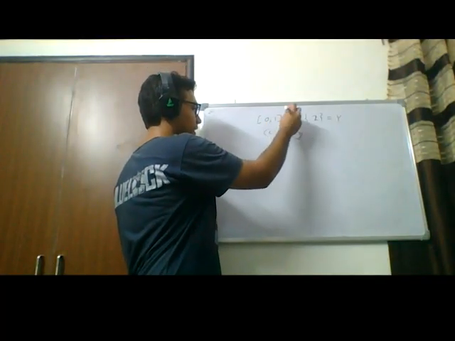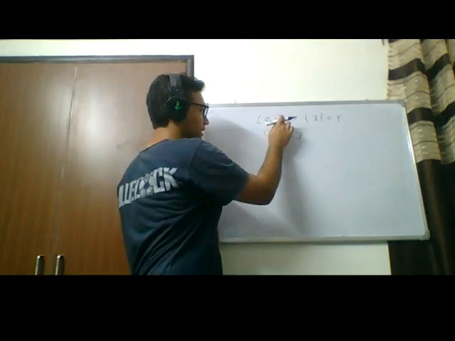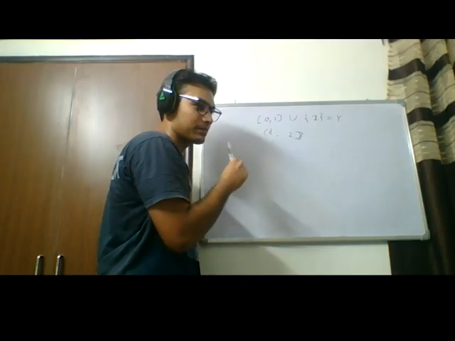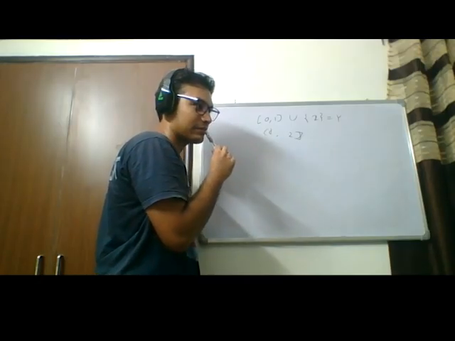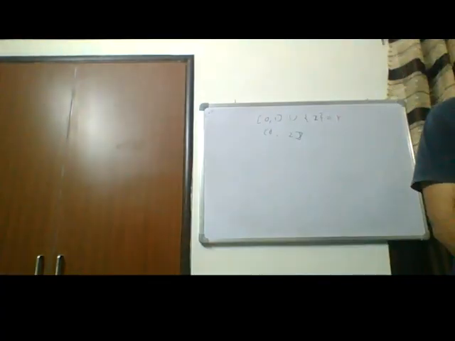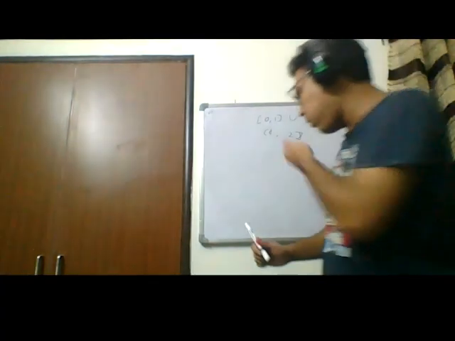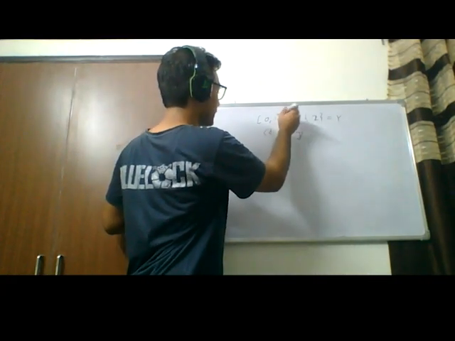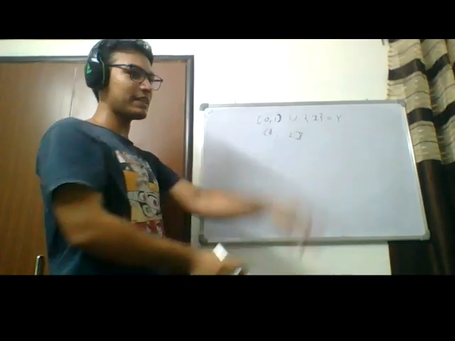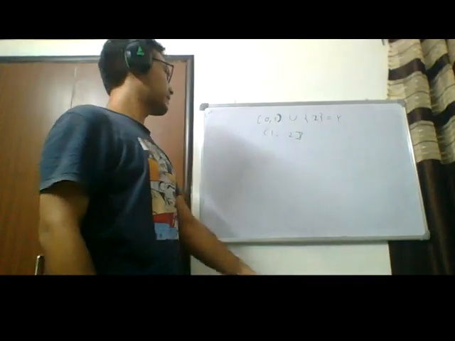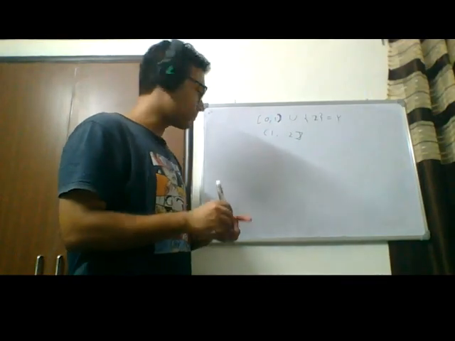Any open ray that's going to include 2 cannot be 1 comma 2, or can it? Hang on. Okay, never mind, my bad. It has to be open here, because if it's closed, then 1 comma 2 is an open set and the example breaks down. So for the example to not break down, it has to be open. For the closed one, the example does break down.